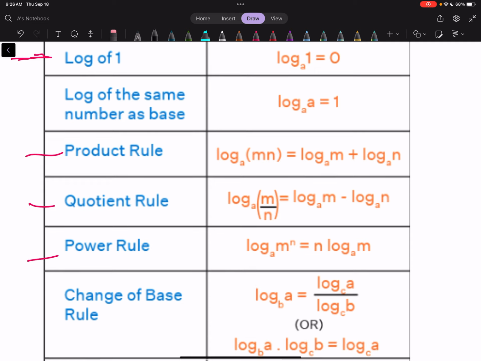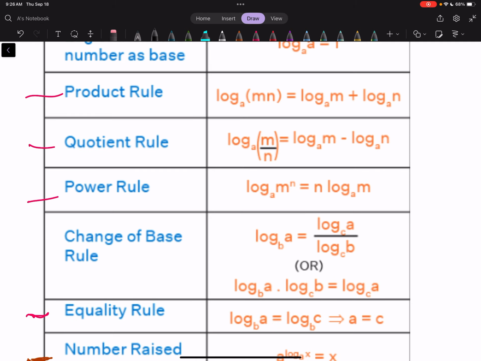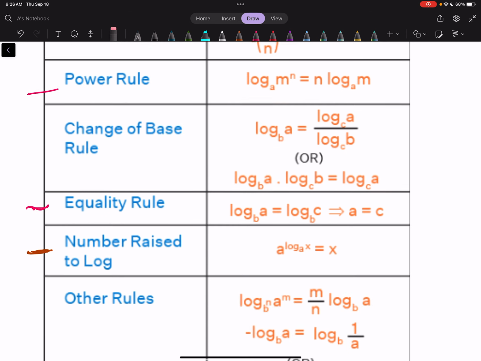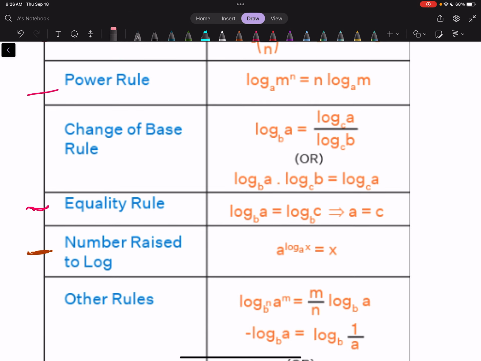The power rule. If I have log base a of m and I have an exponent on top, I can take the exponent, move it in front of my log by multiplication. Okay? Change of base. Log base b of a is equal to log base c of a over log base c of b. That c is the same.